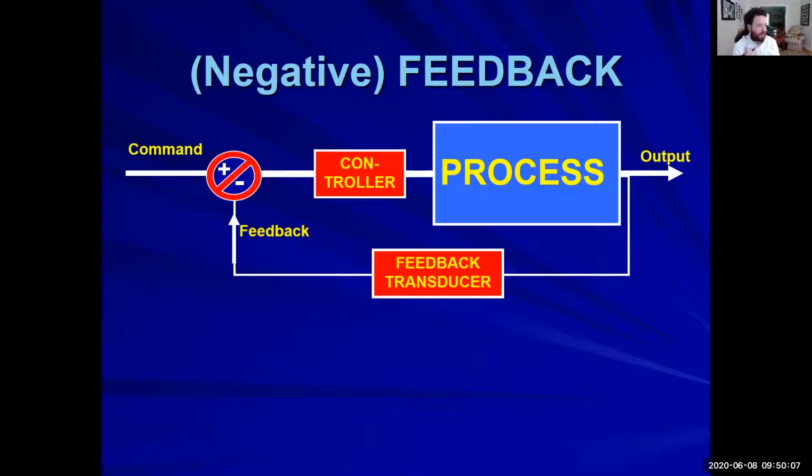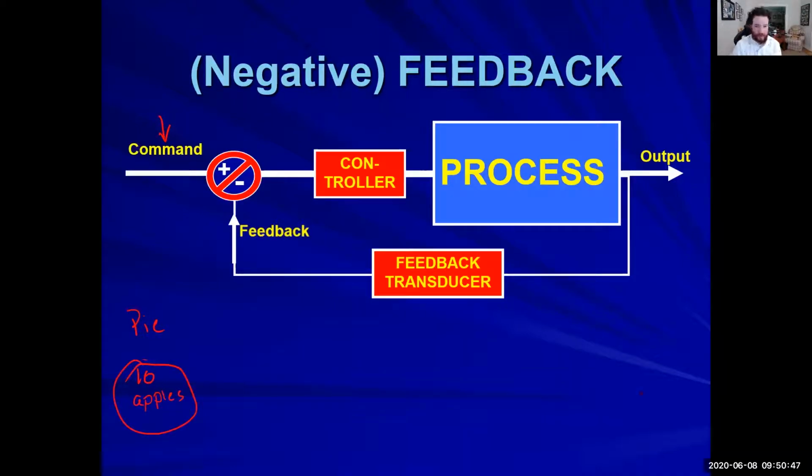When you're counting something, if you're grabbing a certain amount of screws, or picking up apples in the food store, you're going to be using a command, and that command is what you want. If you're making a pie, and that pie calls for 10 apples, that's your command.